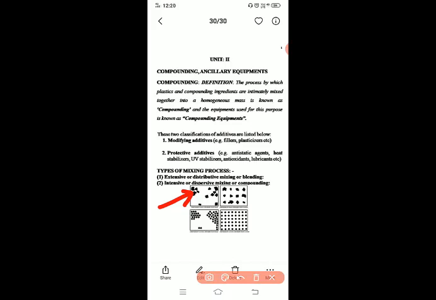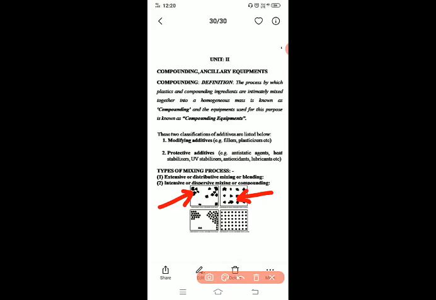So the first figure shows the compounding ingredients still not dispersed and not distributed. But the second figure shows that the compounding ingredients are distributed very well, but in dispersion, they are not broken down to their particles. Some agglomerates are there. So in the second figure the dispersion is bad, but the distribution is good.